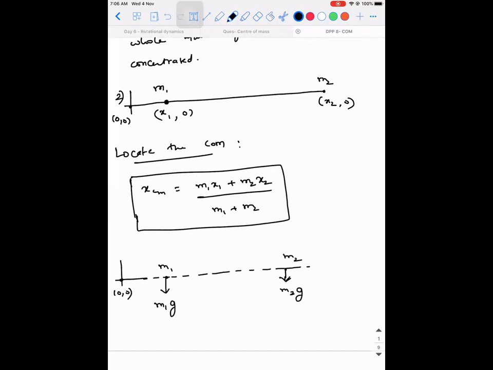So let's say this is the origin, and this is the point P where the center of mass is located. I take this as x1, 0 and this as x2, 0.